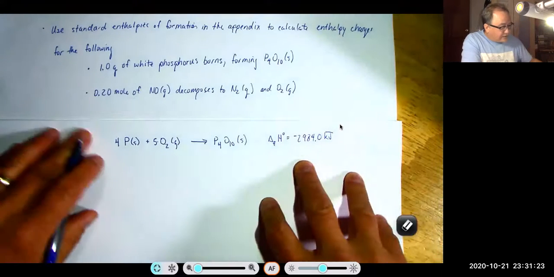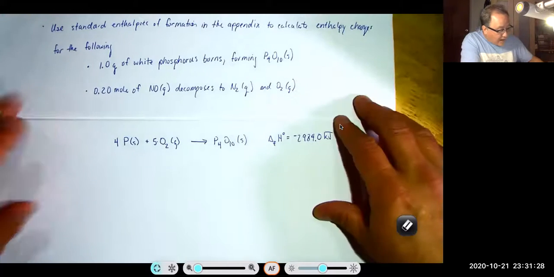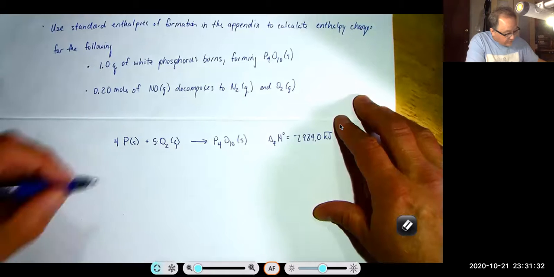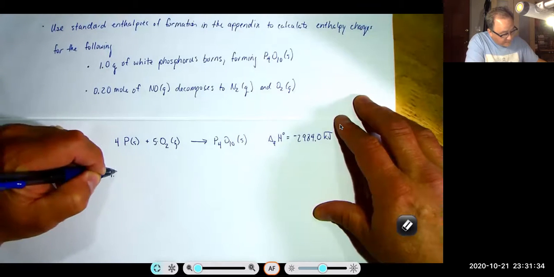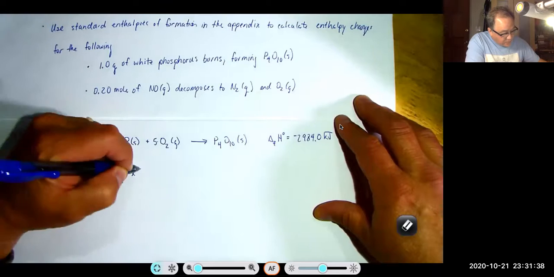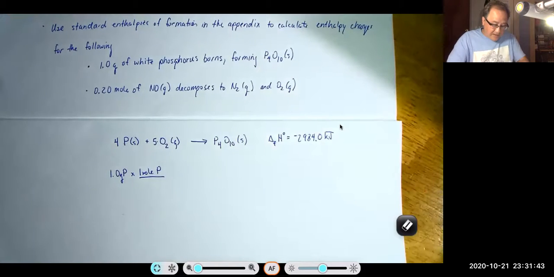So the question is now, how much energy to take 1 gram of phosphorus forming P4O10? So I'm going to have 1 gram of phosphorus times 1 mole of phosphorus per, and I have to look up the molar mass of phosphorus, which is 30.97.